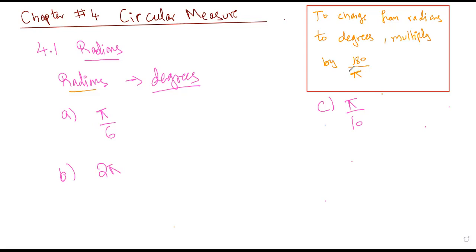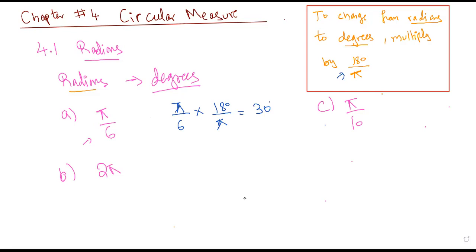Okay, this is basically your conversion from radians to degrees. Multiply your angle by 180 by pi. For example, let's talk about this question. There's no point in writing down the ratios and then equating them. That is very time taking. So your answer would be simply pi by 6 multiplied by 180 by pi. Okay, we are using this formula. Pi and pi would be cancelled, and 180 by 6 will give you 30 degrees.